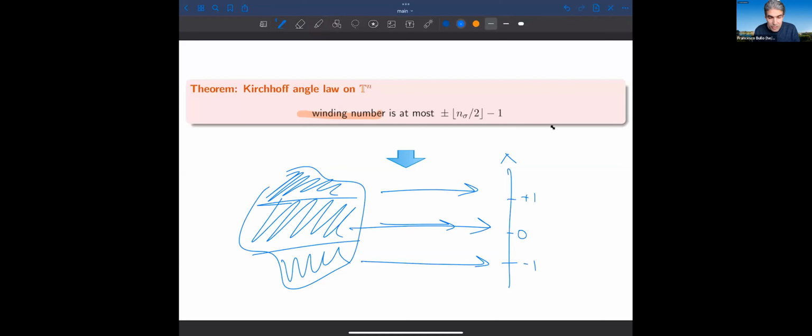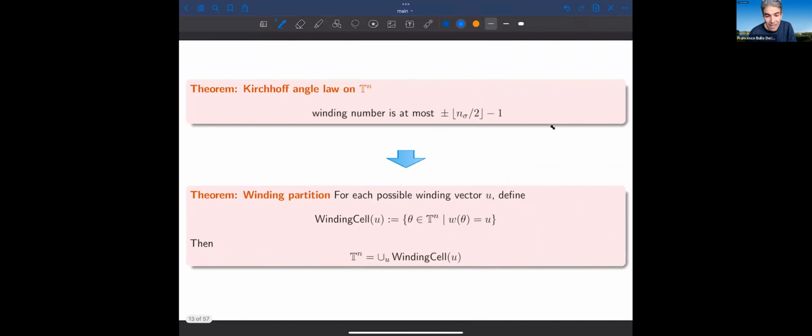So this winding number induces a partition of the n torus. In other words, if you have the n torus, it's always possible to write it as the union of cells. I'll refer to them as winding cells. U is a winding vector. And those are the collection of angles on the torus such that the winding number is given by that particular specification U.